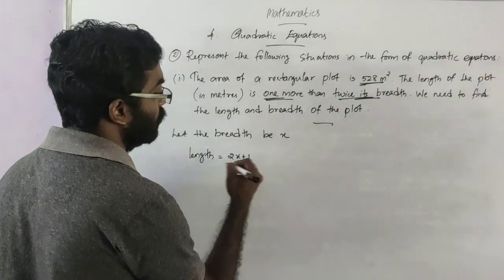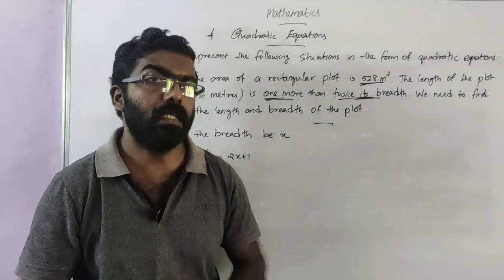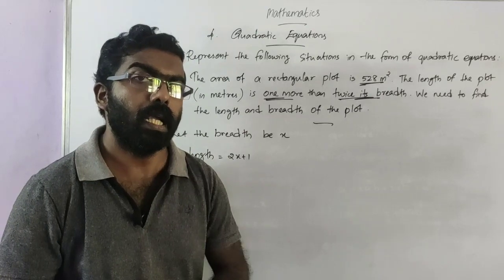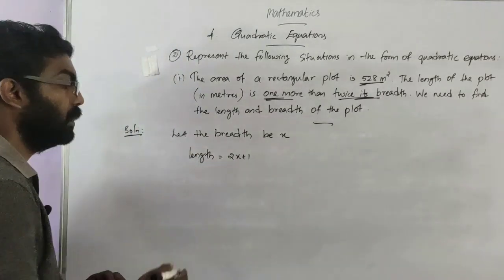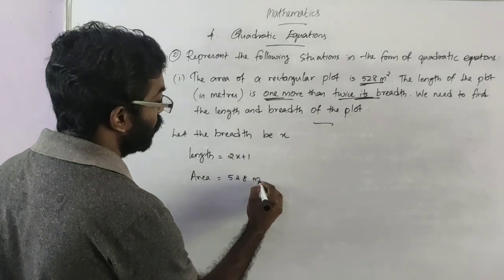Okay. And we know in a rectangle area is given by length into breadth. Here it is given as 528 meters square.